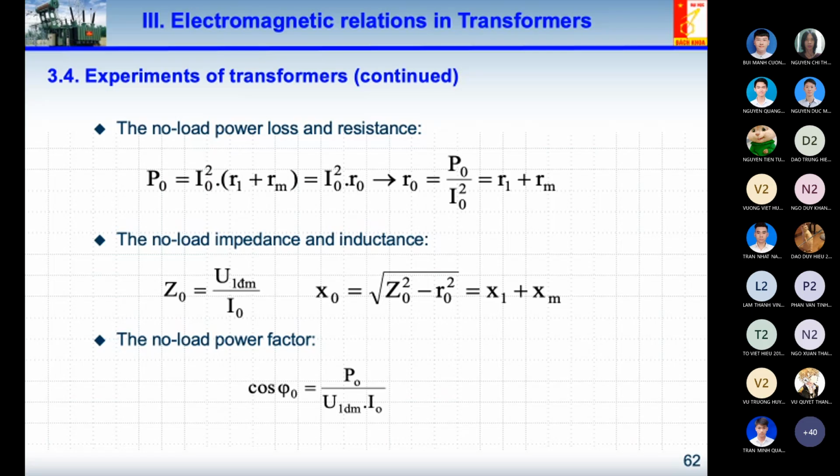If the cos phi of the transformer is very low, it means the electrical system transfers reactive power without active power, and this makes the current value higher than before.